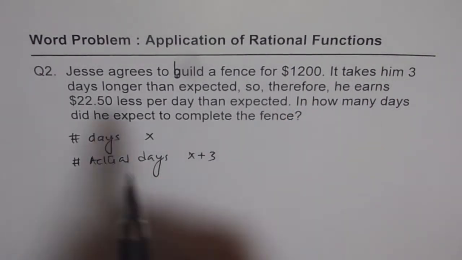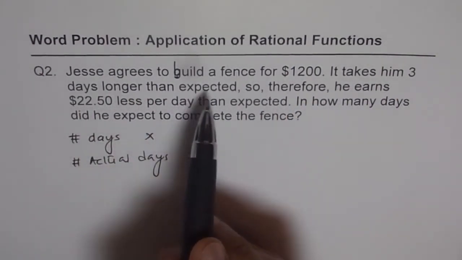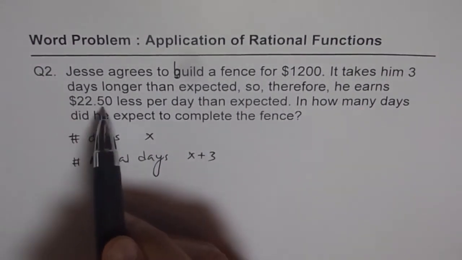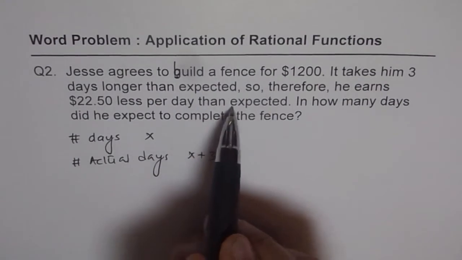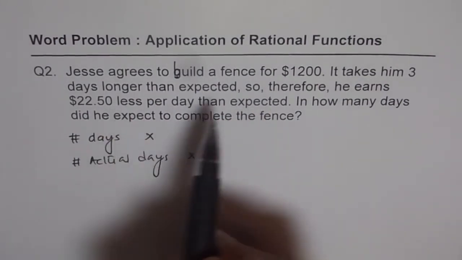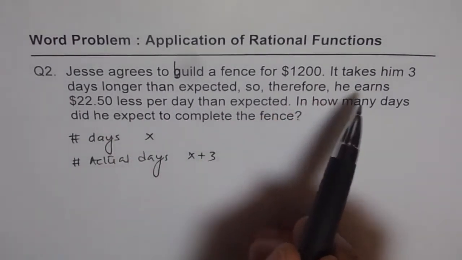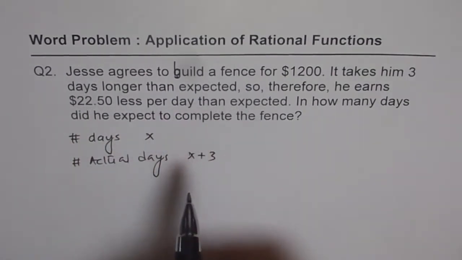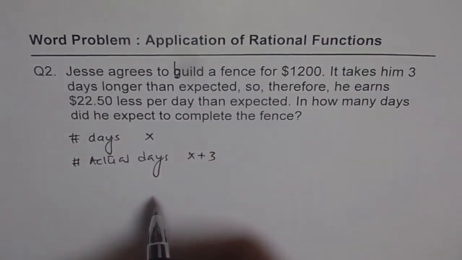It takes him 3 days longer than expected. So therefore, he earns $22.50 less per day than expected. So that gives us the equation. Let's compare the earnings per day.